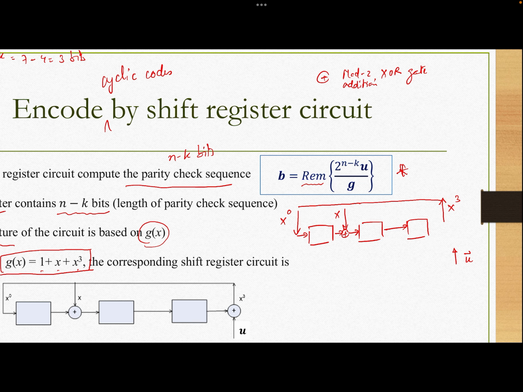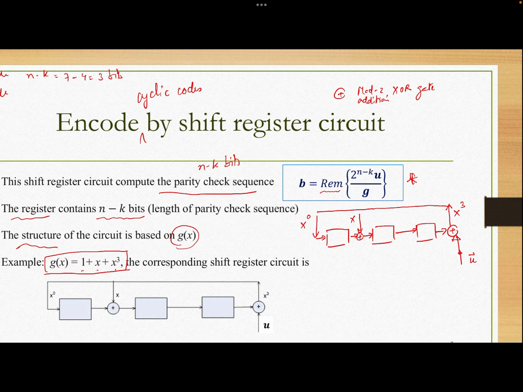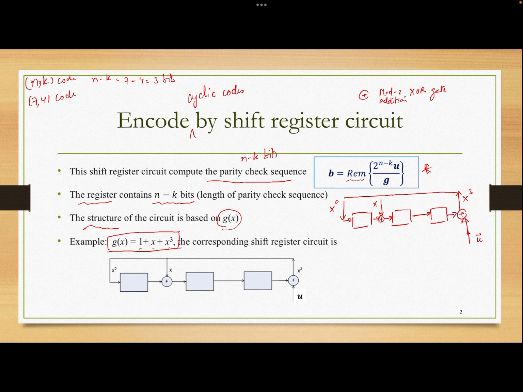And then here we also have 2 arrows, one coming from below and one from the left, so we have an XOR gate, or modulo 2 adder, over here also. So this is the structure, the same as what I draw here.